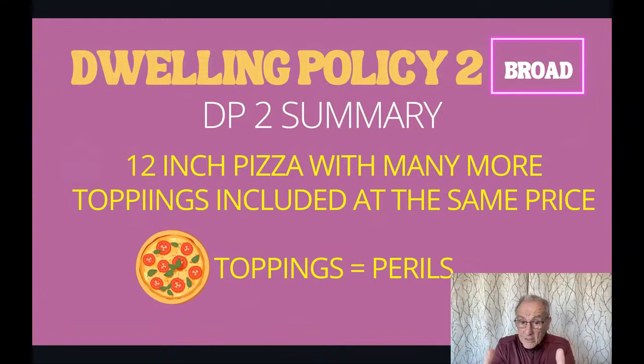But you get all these extra toppings included in the price. The extra toppings in the DP1, which were not very many, you had to pay extra for them. Here it all comes in the price. So I think you can appreciate that in terms of buying these policies or selling them, far better in the DP2 than the DP1. Okay?